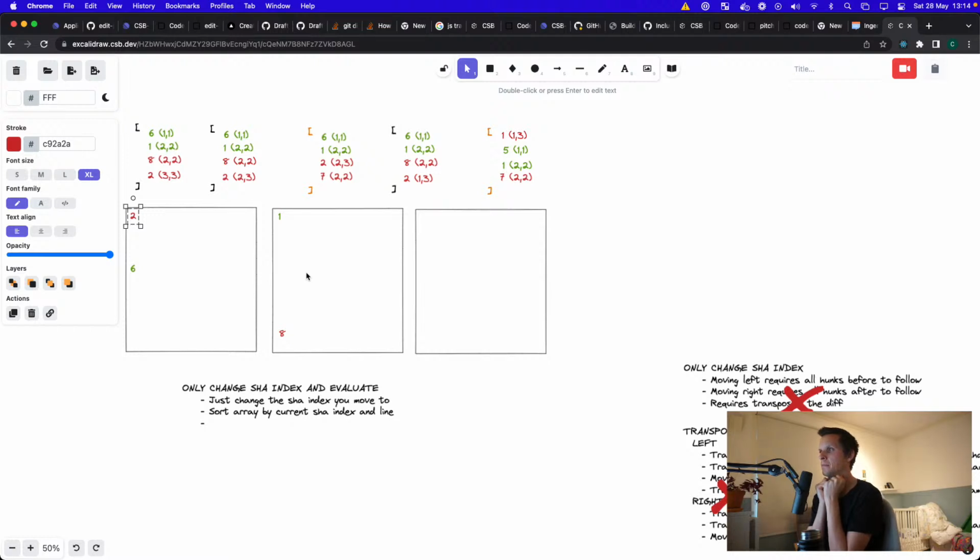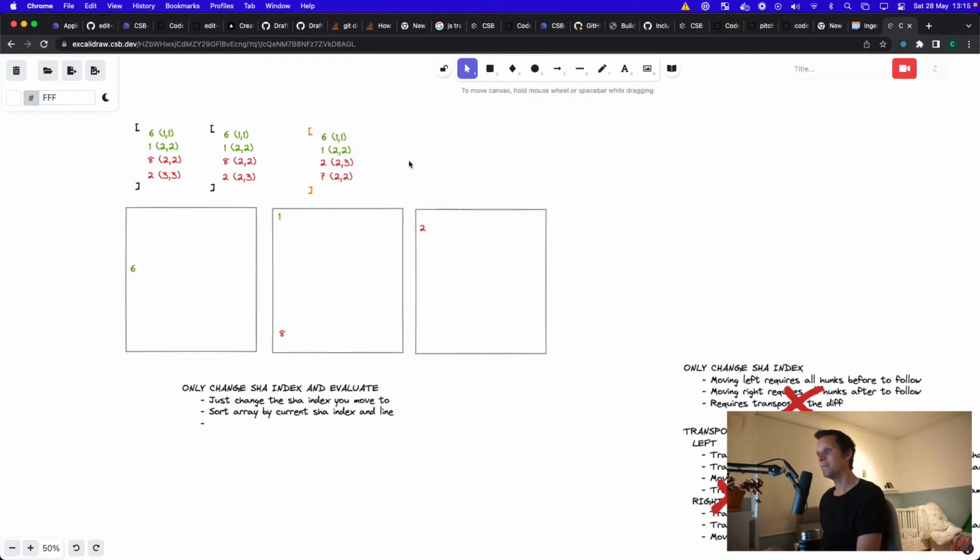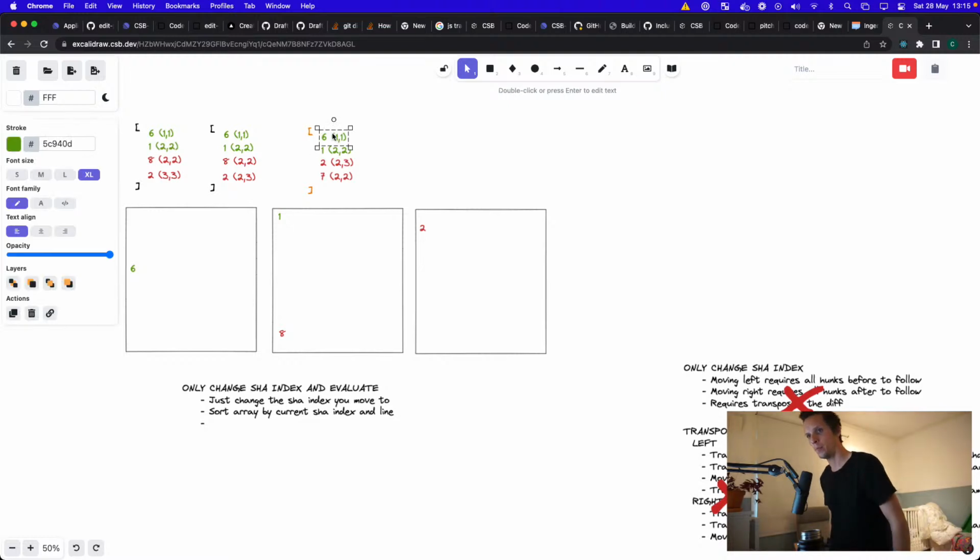So what if we flip this around? What if this, okay, we're going to do this again. What if this sorting wasn't primarily on SHA?